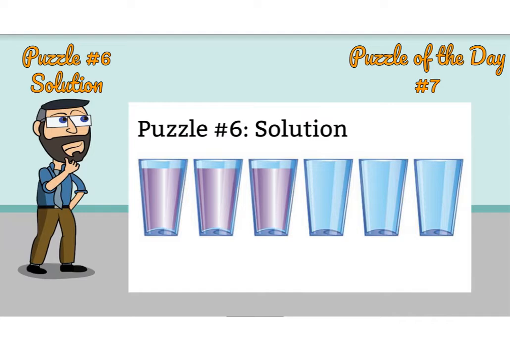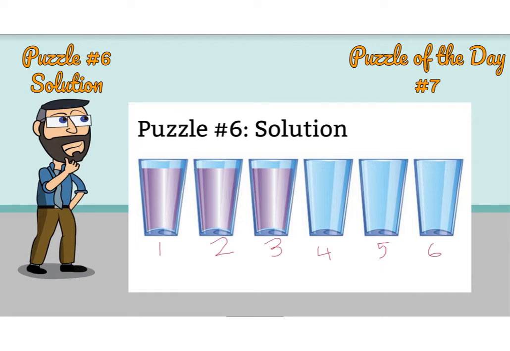With that being said, I'm going to number each glass just to make sense of this all. So we have the first one here, the second, the third, the fourth, the 5th, and the 6th. Okay, here's your answer.